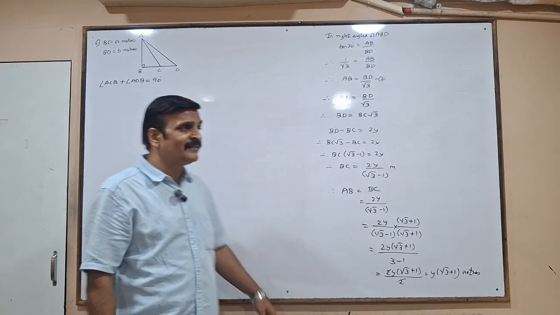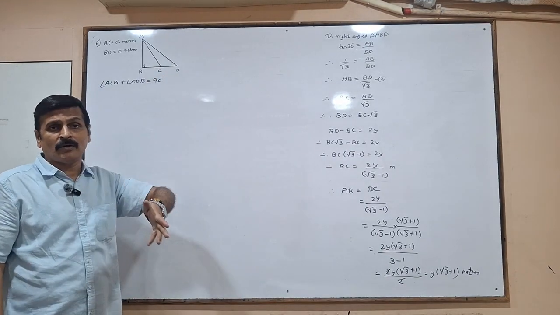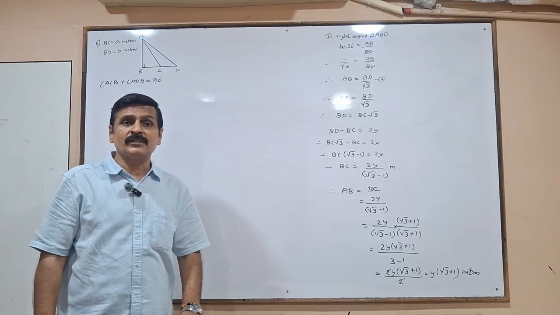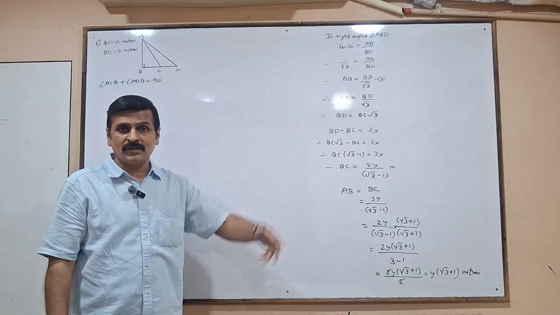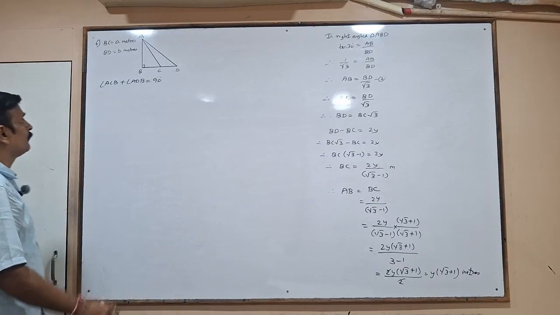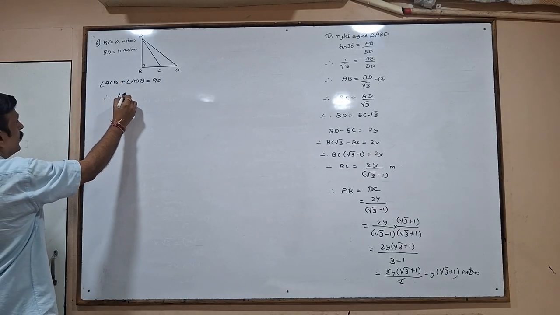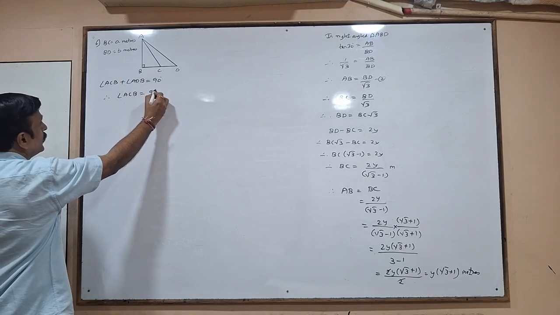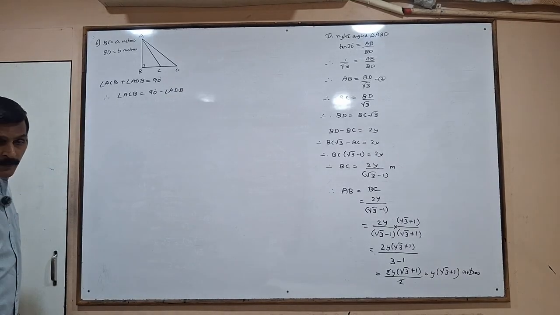Now in such a question, as the angles are not given and we can't find them because they are not mentioned at all, obviously a right angle triangle taking tan, sine, cos won't come into the picture. We have to use this relation. Angle ACB is 90 minus ADB.